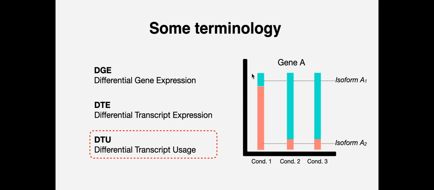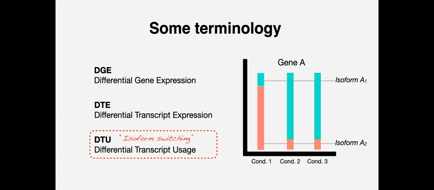And so if we think of this as 100% of the gene's output, and if we imagine this gene's expression is not changing across these three conditions, then we could say, all right, in this first condition, isoform A1 is weakly expressed, and most of the gene's expression is coming from isoform A2. But when you go to condition 2 or 3, there is this isoform switch, if you will, where now most of the expression from gene A is coming from isoform A1.